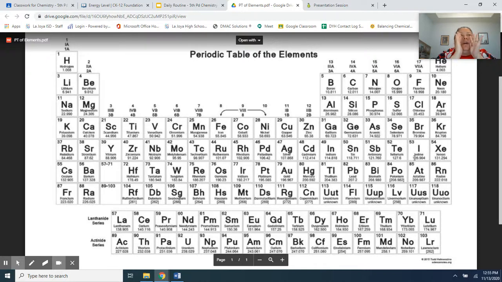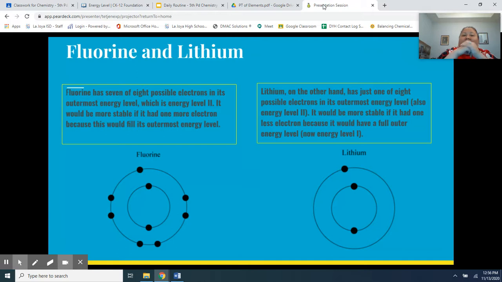I need one electron. Anybody want to share with me? And group 1, on the opposite end of the periodic table, has one valence electron. So group 1 is saying, hey, anybody want this electron? I don't need it. It's better if I get rid of it. Anybody interested?